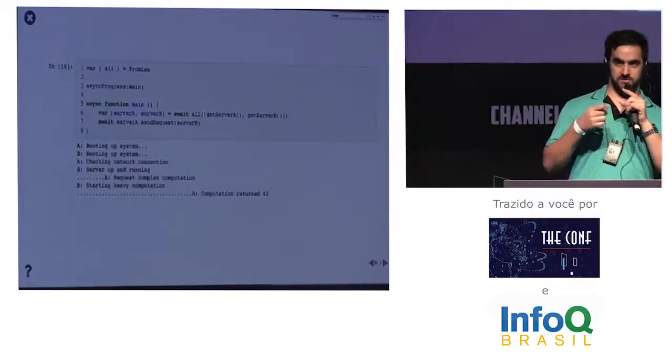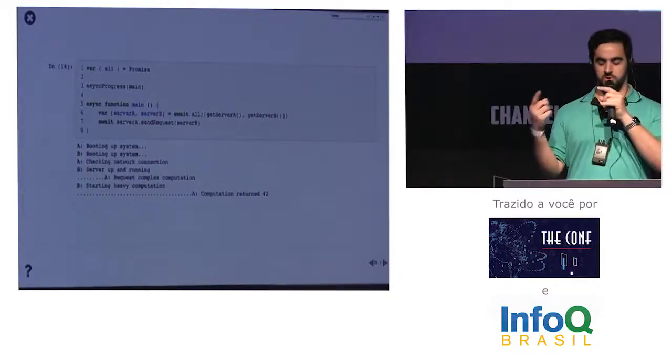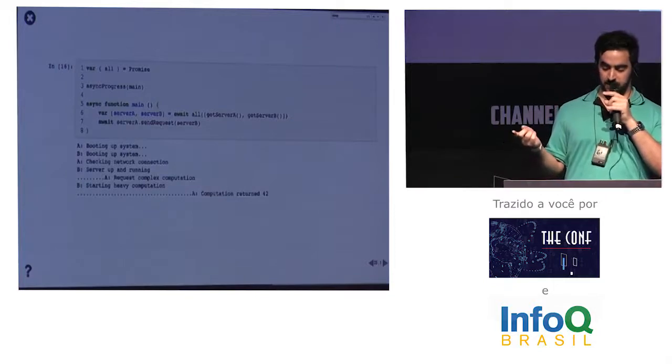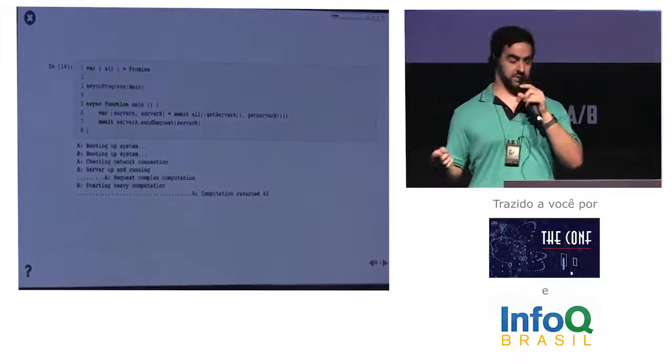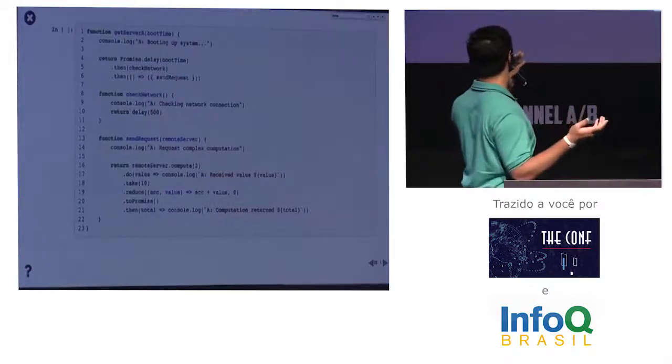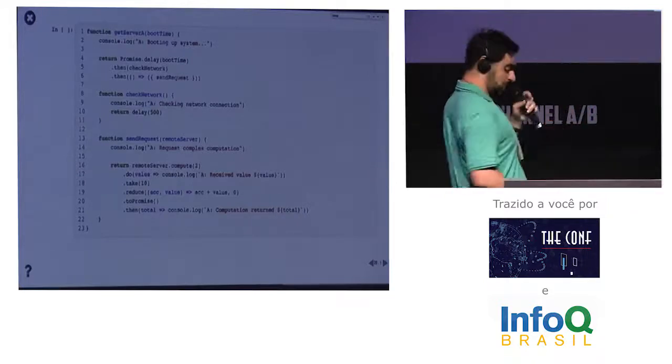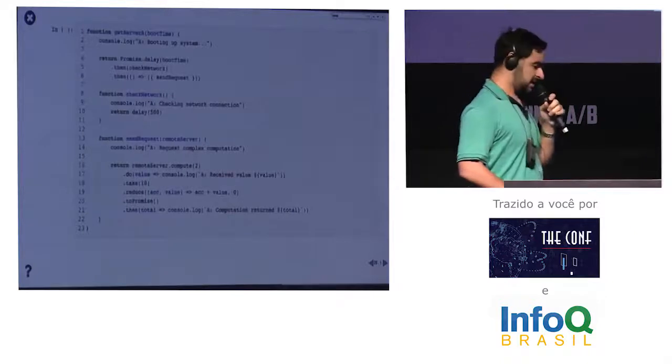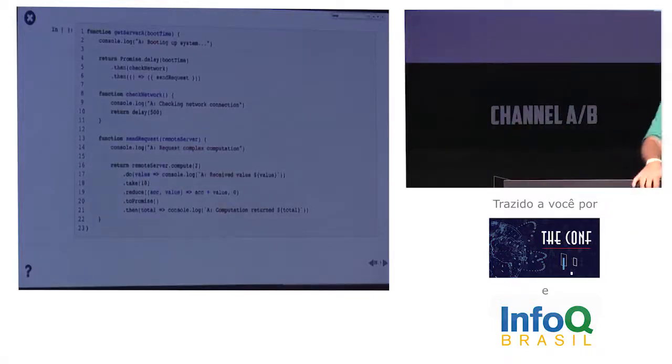So we have a promise approach, which is a very functional approach, and we also have an Async Await approach, which is more like an imperative approach. Depending on your way of programming, you might like one more than the other. But those are not the only ways of programming. There are actually tons and tons of ways of doing things.